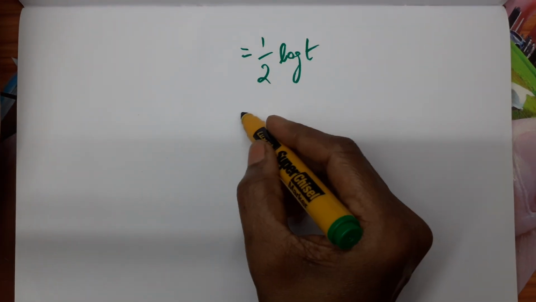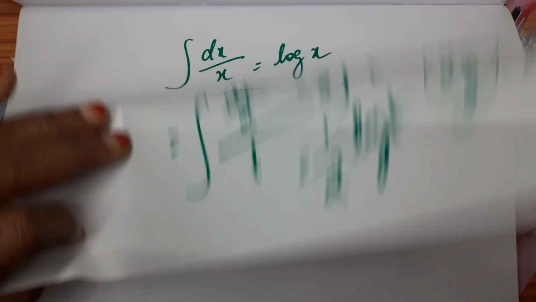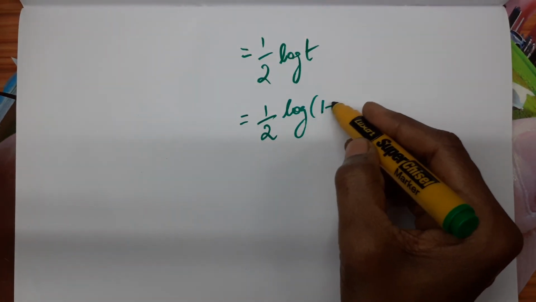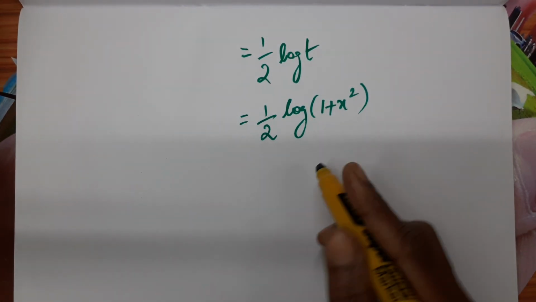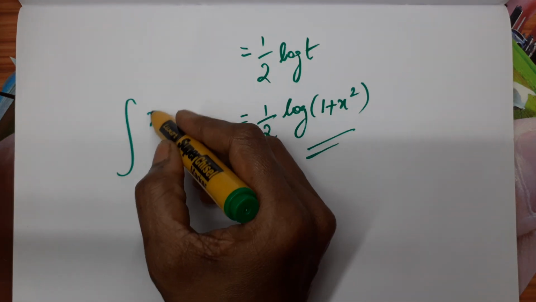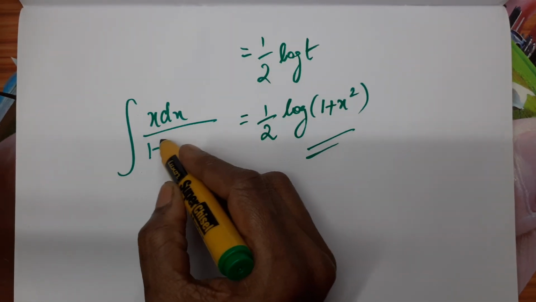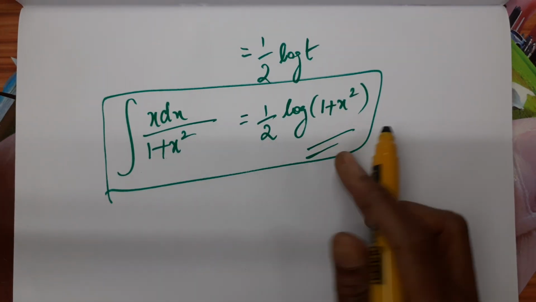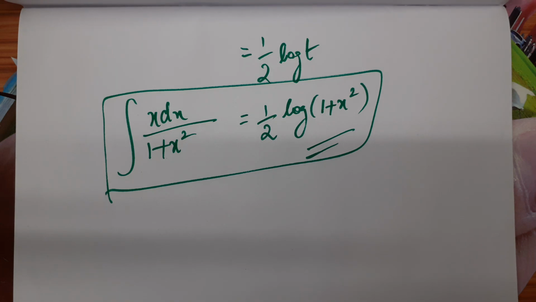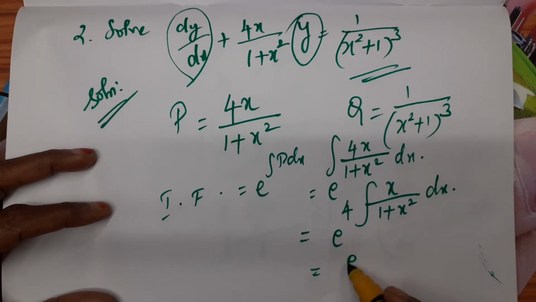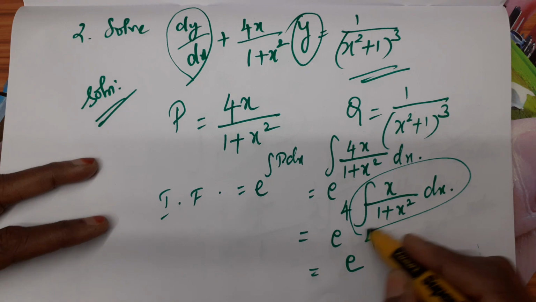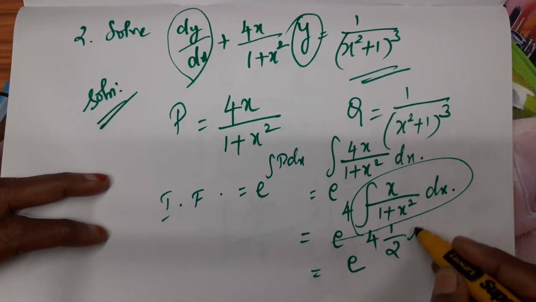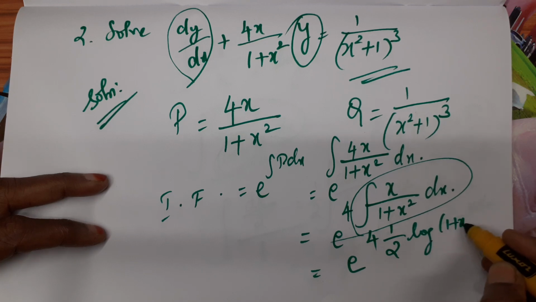Finally, we have to replace t, which we have taken as 1 plus x squared. So the integral of x dx by 1 plus x squared we got as 1 by 2 into log of 1 plus x squared. So what we got is e power 4 times 1 by 2 log of 1 plus x squared.